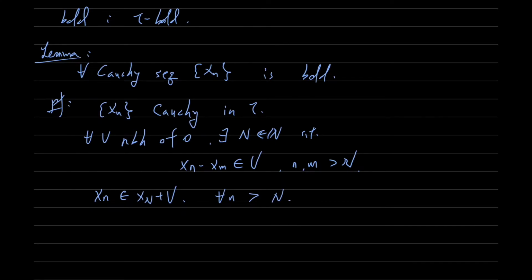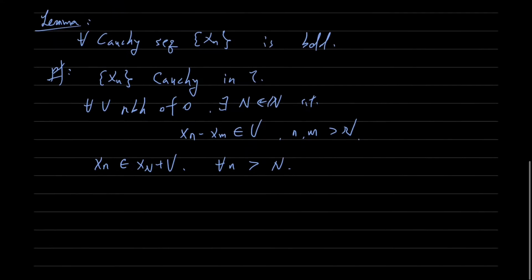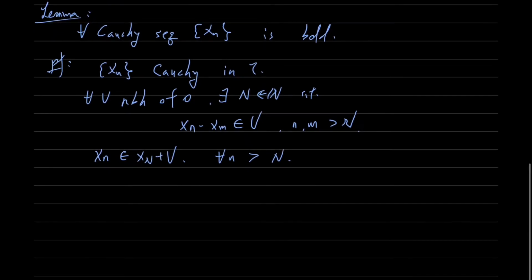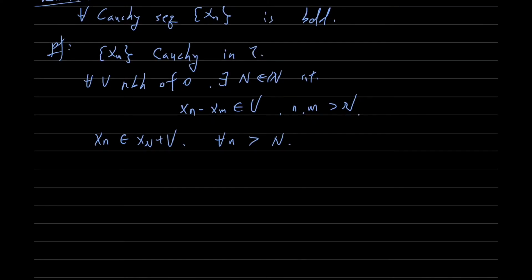Let's finish the proof. Oh, actually, we have to do one more step. What we do here is, to prove boundedness, we have to use the definition of the topological boundedness, right? So pick any neighborhood W of 0.